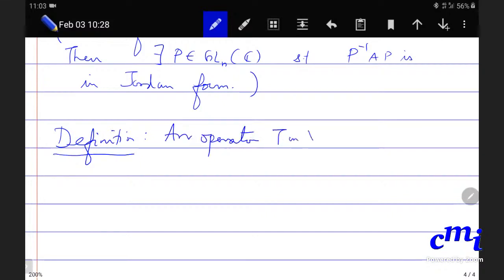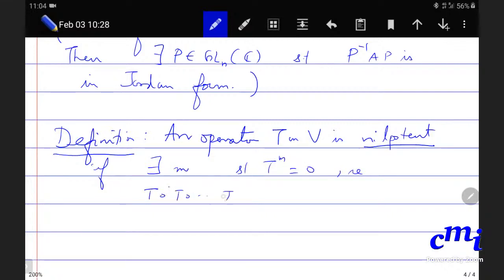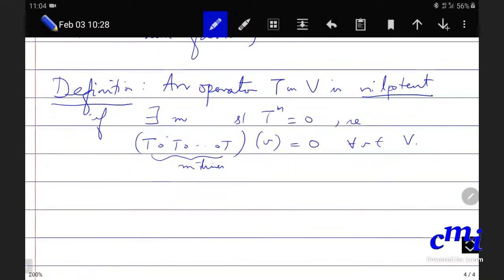T on V is nilpotent if there exists some m such that T to the m is 0, that is, T composed with itself m times, acting on a vector v, is 0 for all v inside V.